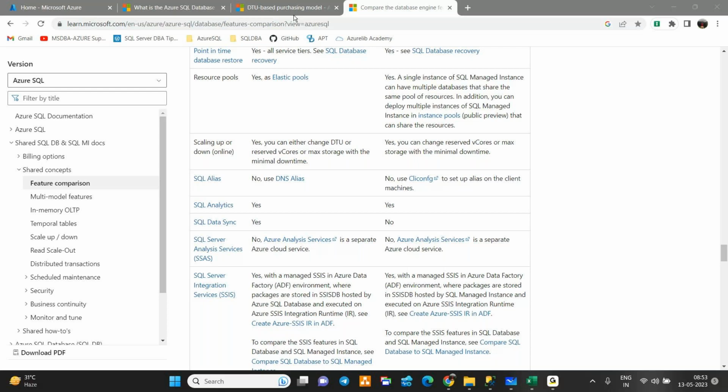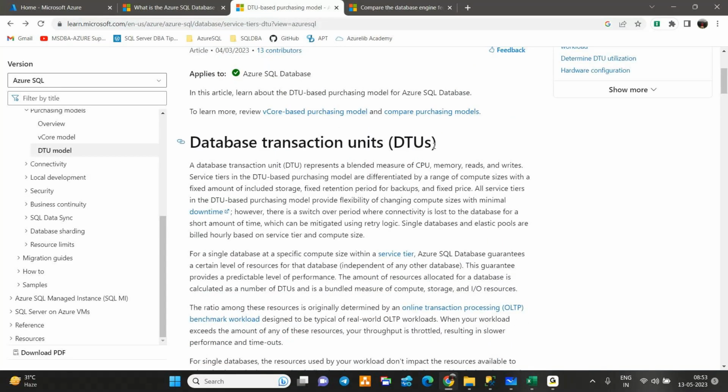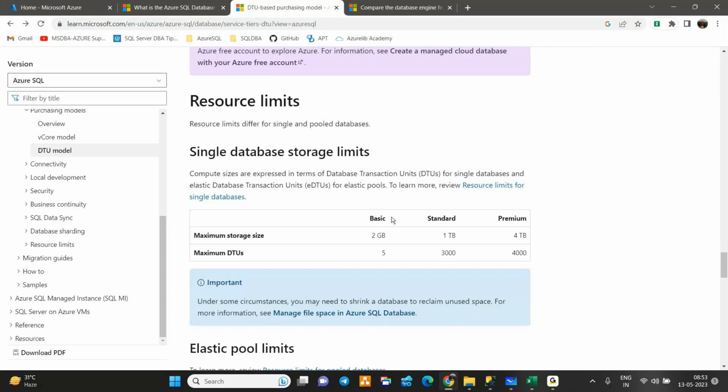Like the same here, Microsoft mentioned, sir, when you go to the DTU purchasing model, you have three tiers. One is Basic, one is Standard, one is Premium. Under Basic, maximum your database size will be 2 GB, that includes the log file, and maximum you will get only 5 DTUs.